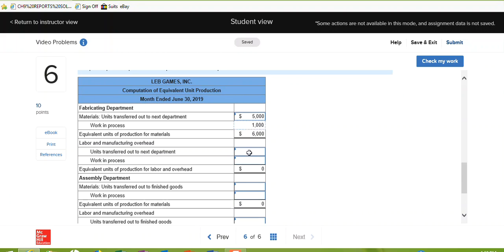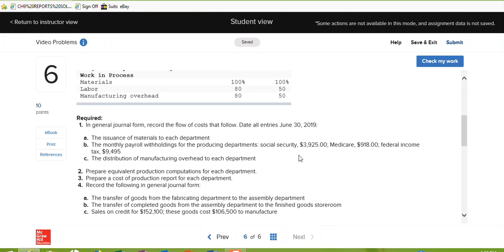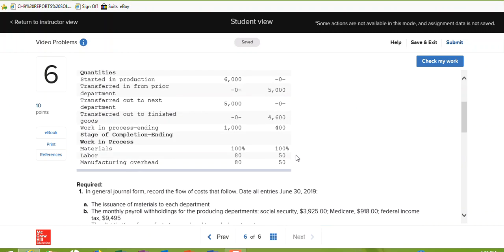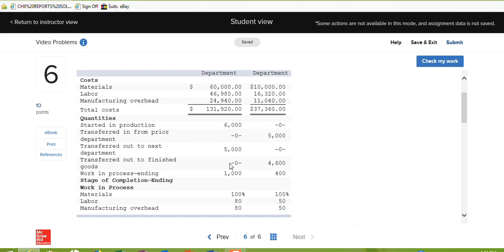For labor and overhead, all right, units transferred out to the next department. Let's see, let's go back here.